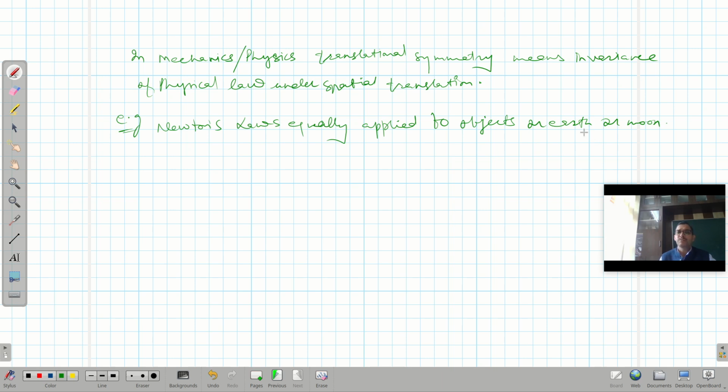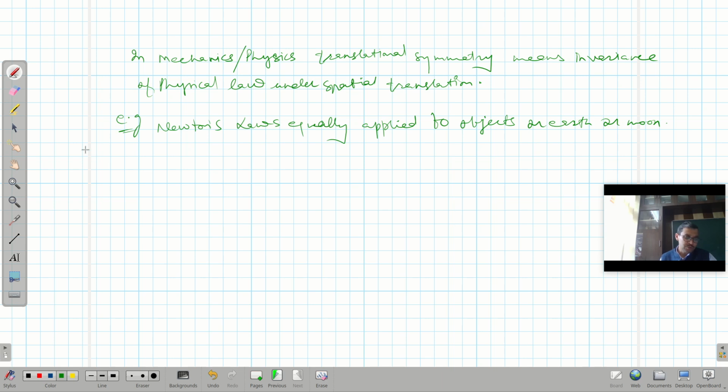Means while we talk about Newton's second law or the first law or the third law, they are equally valid for objects on the Earth or on the Moon or on any other planets. So that means they do not depend upon the position. They are independent of that. The physics laws are said to be invariant under spatial translation.